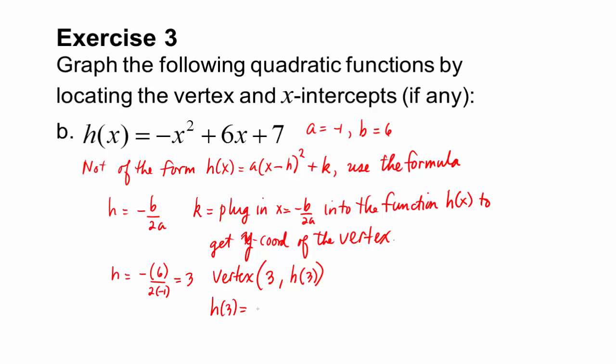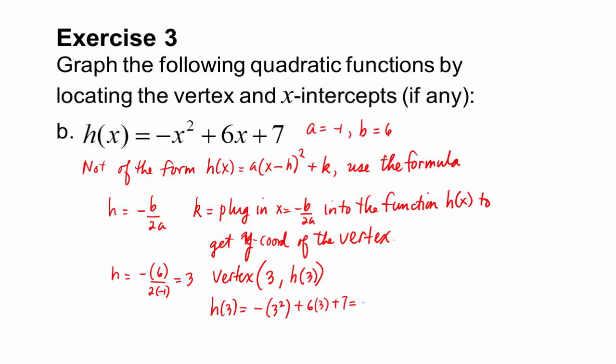So what is h of 3? H of 3 is equal to negative. Now here, this is not -3 whole thing squared. Instead, you have a negative of 3 squared. Okay, so we have to make that clear. This is not -3 whole thing squared. Instead, you square 3 first and then take its negative. So h of 3 is equal to the negative of 3 squared plus 6 times 3 plus 7.